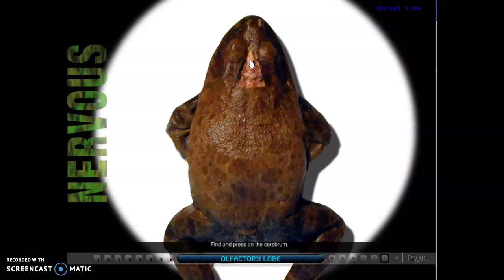Find and press on the cerebrum. The cerebrum conducts olfactory information to other parts of the brain. In humans, it is the area where higher order thinking originates from, but on the frog this area is much less developed. Find and click on the thalamus.